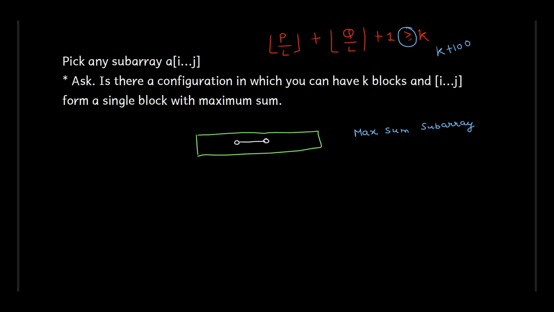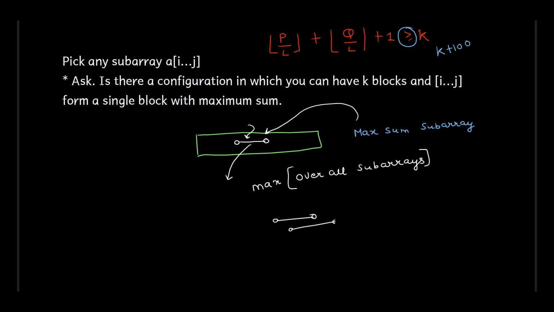So why don't I try out all the subarrays, take those as possible candidates, and then take the maximum over all subarrays, right? So this is one prime example of contribution technique, wherein you are not aware which subarray is optimal, but if you blindly try each and every possibility, then you will never miss the answer.